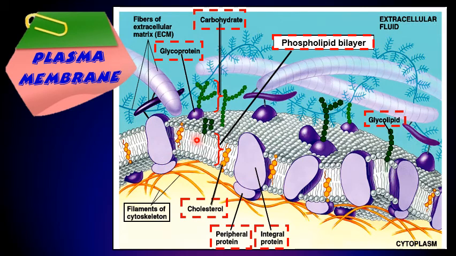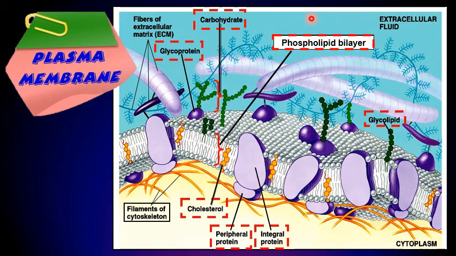Cholesterol, which stabilizes the plasma membrane structure by restricting the movement of the phospholipids during warm and cold temperature. And the last component is carbohydrates, which act as cell identity markers.